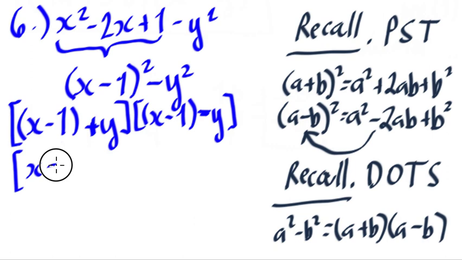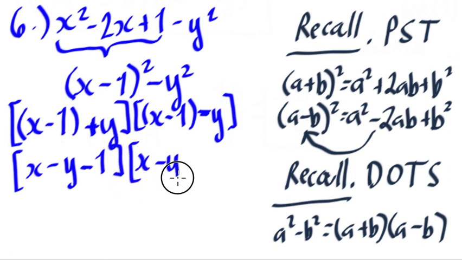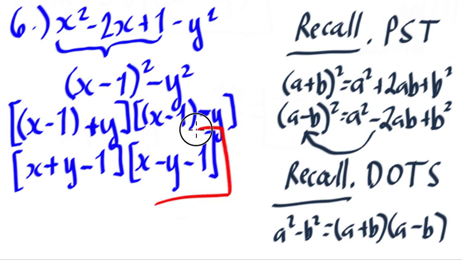So we have x minus y, if you really want to make it formal, minus 1. And then the other one is x minus y, or rather this is plus, I'm sorry, minus 1. Yeah, and this is our answer for number 6.